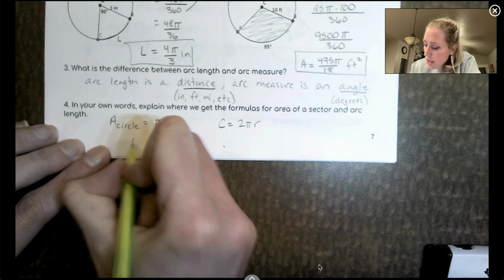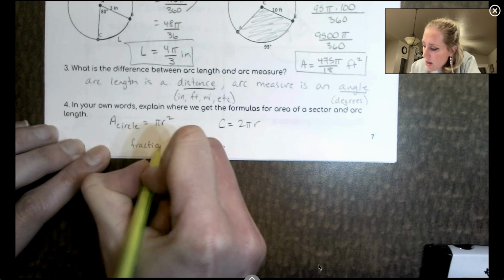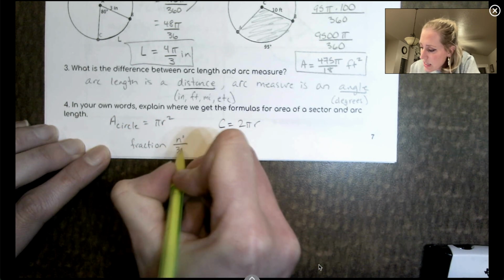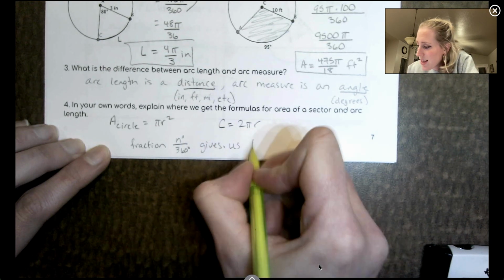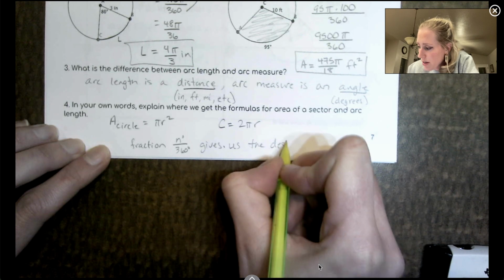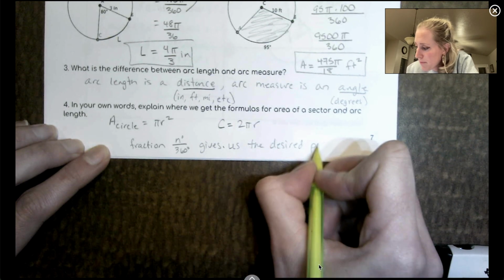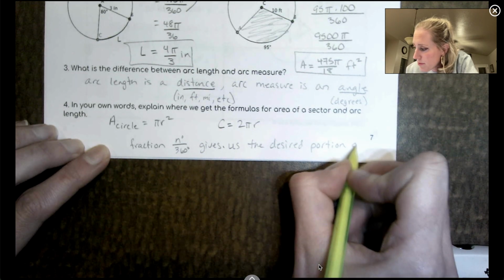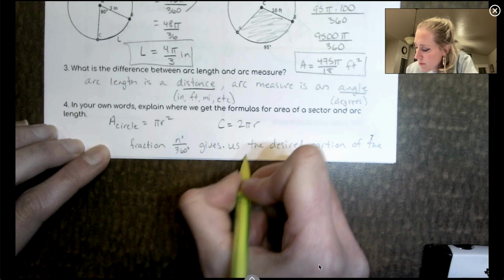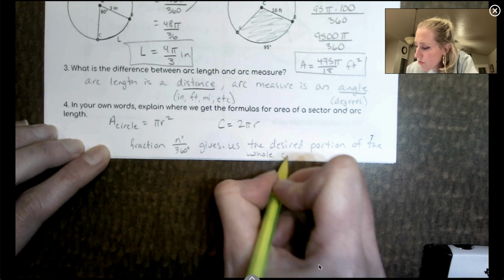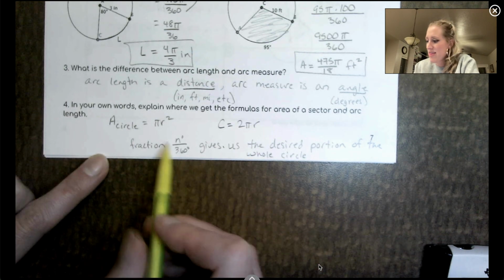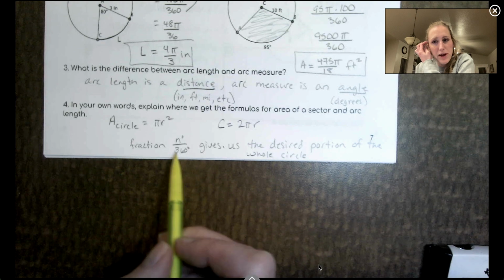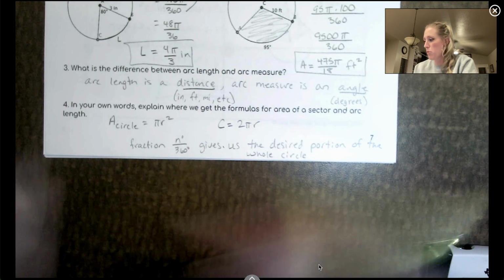Now, the fraction n over 360 gives us the desired portion of the whole. So instead of the whole circle, these would give us the whole circle, and multiplying by that fraction gives us the portion that we want.